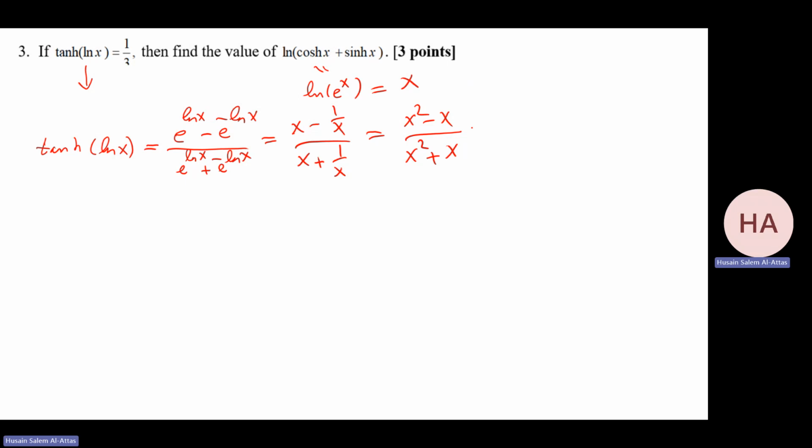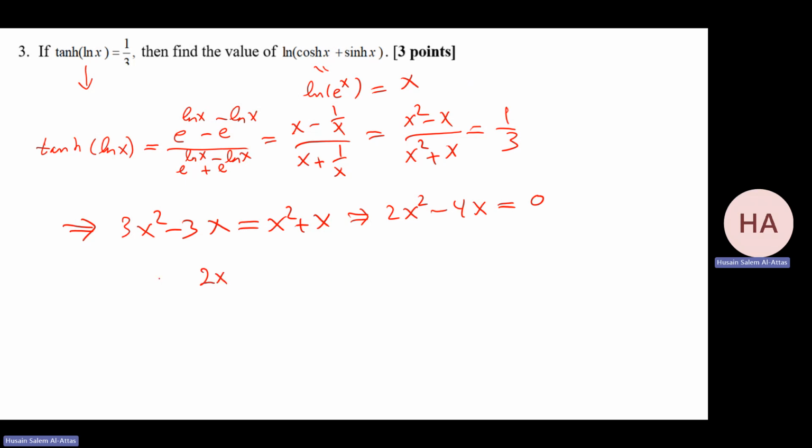It's not equal to x, it's equal to 1 over 3. I want this to be equal to 1 over 3. Can I solve for x? I'll do the calculation. So I have 3x squared minus 3 equal x squared plus 1. So that implies 2x squared minus 4 equals 0.